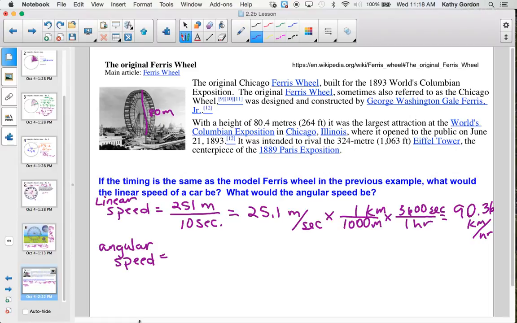If I go 1 rotation with this original Ferris wheel, how much of an angle am I going through now? Still 2 pi, right? It's still just 1 rotation all the way around. And the change in time? Still 10 seconds. So what's the angular speed of my original size Ferris wheel? Still just pi over 5.